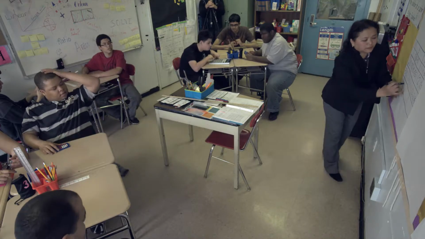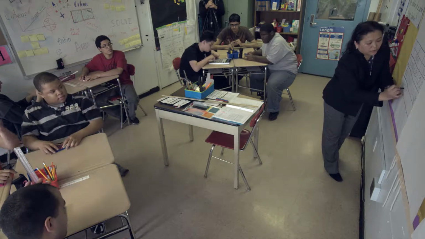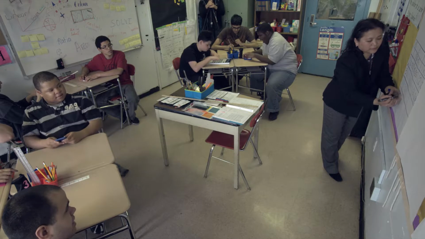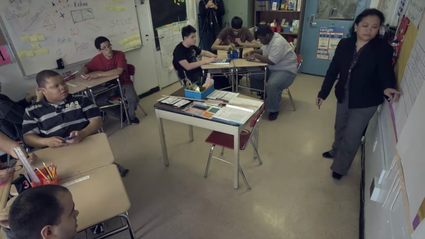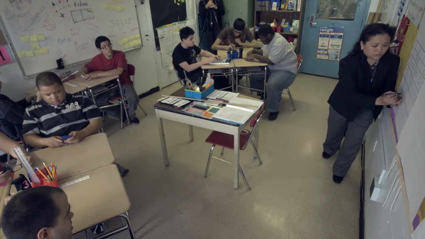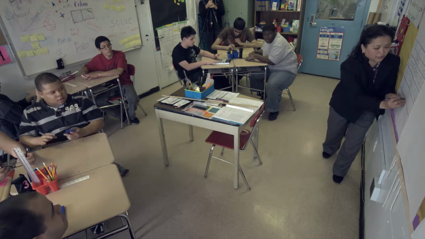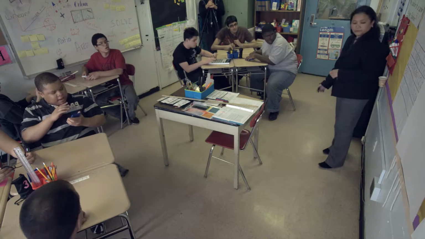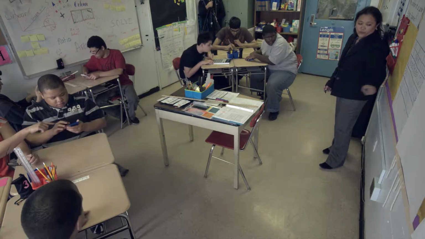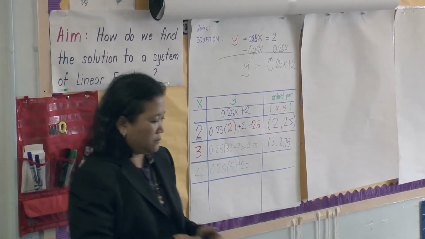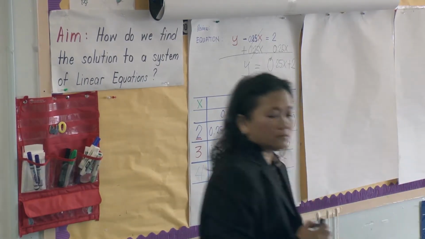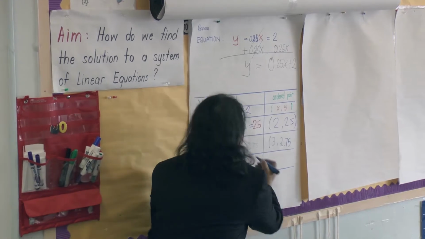Okay. So let me write down 0.25 times 4 plus 2. Jason, give me the answer. 0.25 times 4 plus 2 is? 3.